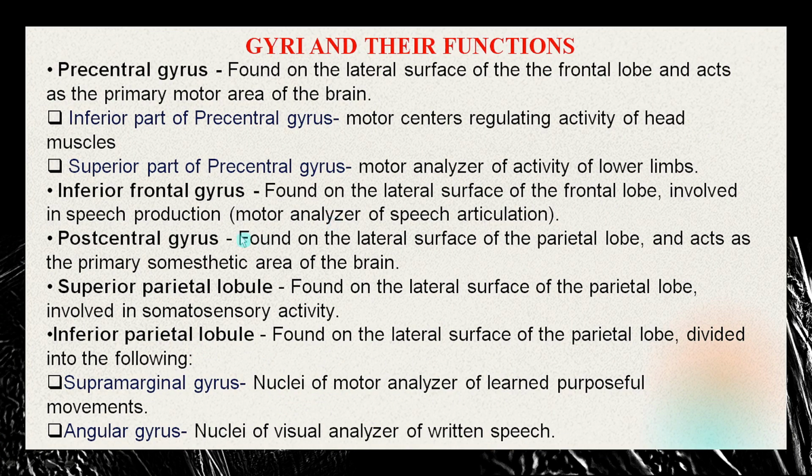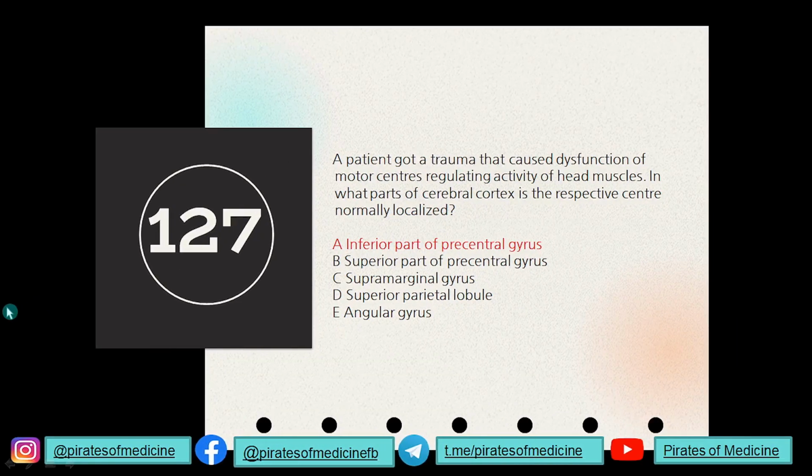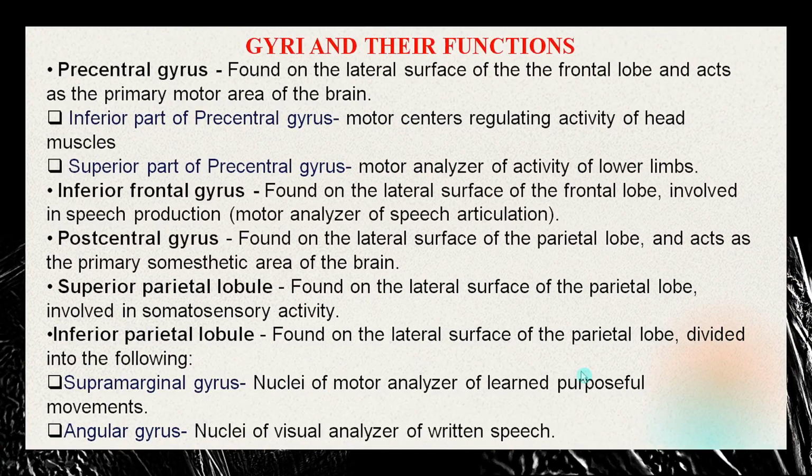Then we have the superior parietal lobule, which is involved in specific somatosensory activity, in which the cortex analyzes the sense of feeling an object and knowing what it is, which is called stereognosis. That is the function of the superior parietal lobule. And then the angular gyrus is responsible for the visual analyzer of written speech.